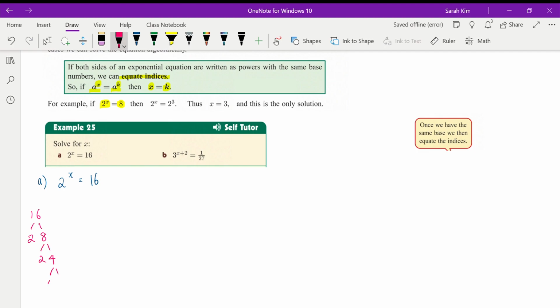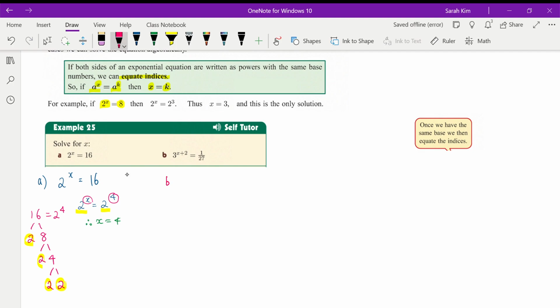We write the factor trees, or you can figure it out using a calculator. You can see that there's 4 lots of 2, so it's the same as 2 to the power of 4. So I can rewrite this as 2 to the power of x equals 2 to the power of 4. Therefore my answer is x equals 4, because my base is the same, so my powers must equate each other.